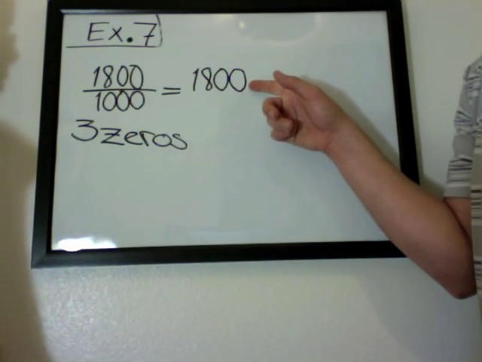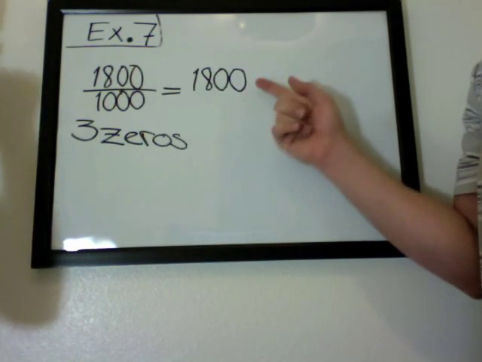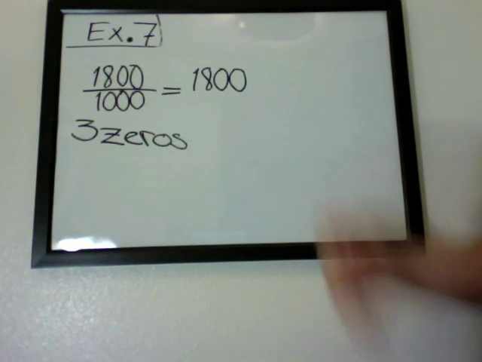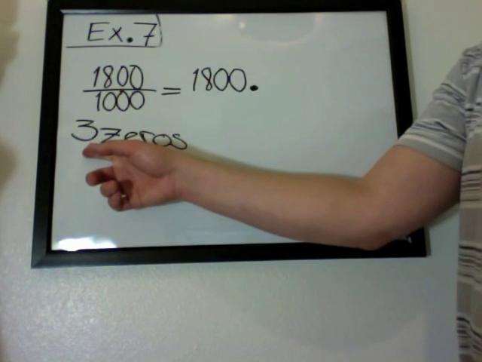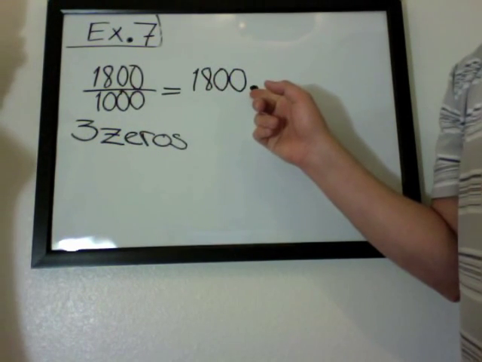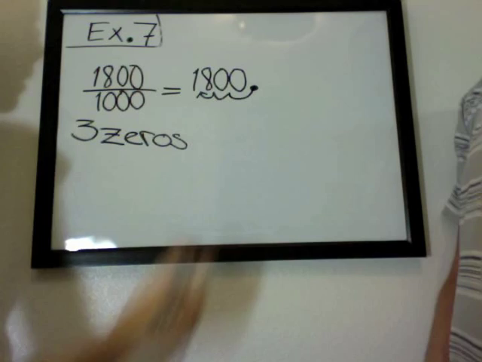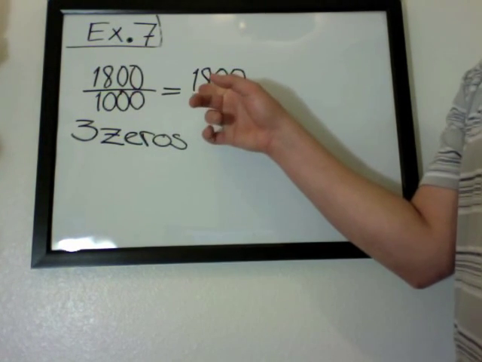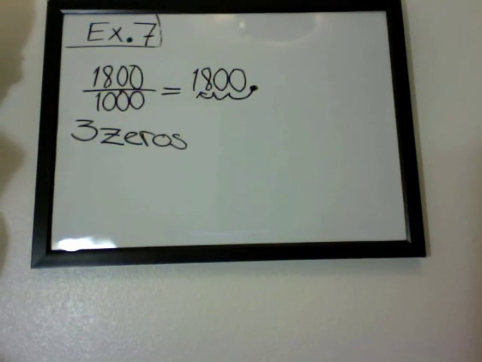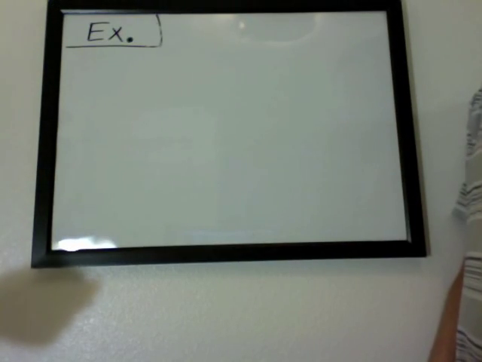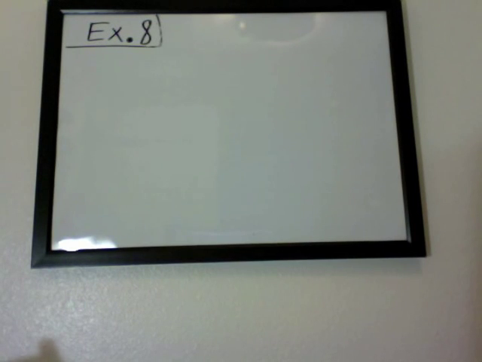We commonly do not put it there because it's already well known, but we're just going to put it there for right now, so you can tell where it is and where we need to move it. So we need to move it 3 places to the left. So we're going to go 1, 2, 3. So the new decimal place will end up right here. And so that would equal 1.800.